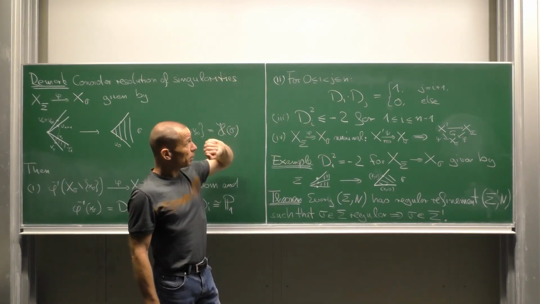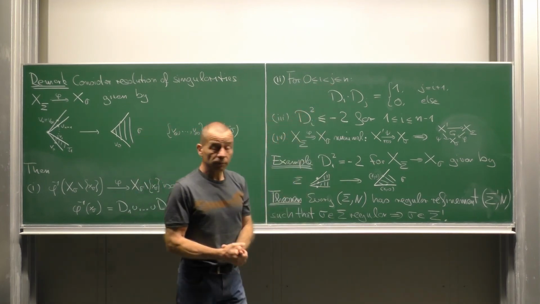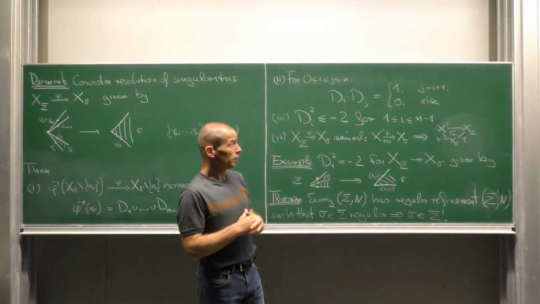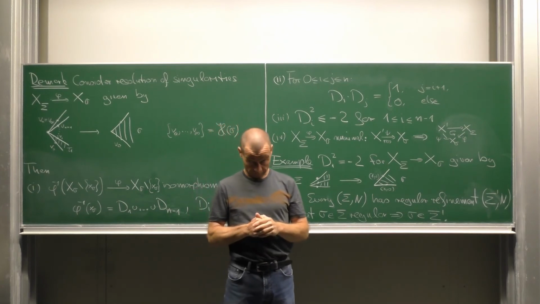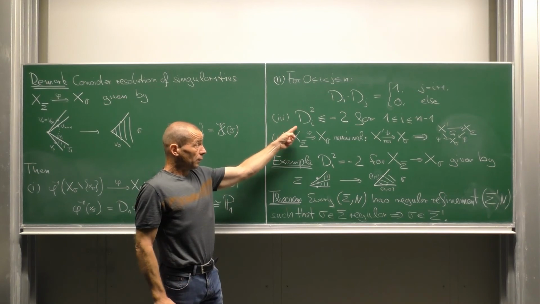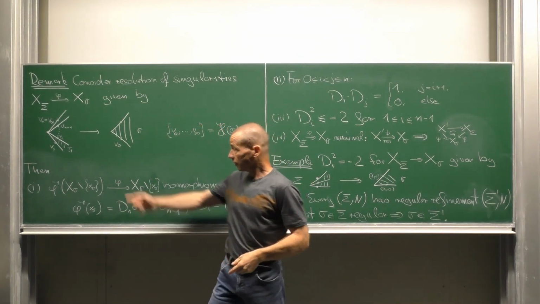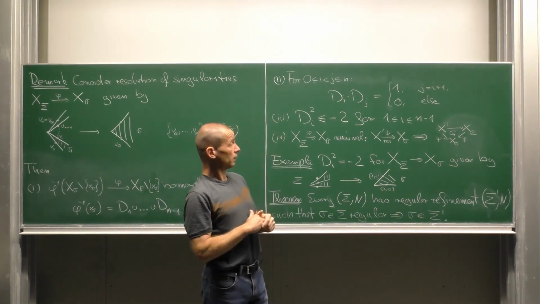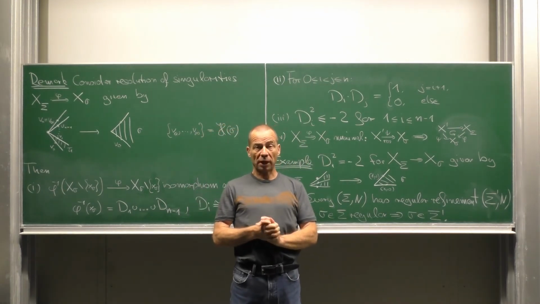About the intersection numbers, for i less than j, Di dot Dj equals 1 if j equals i plus 1 and 0 else. The self-intersection numbers of all the divisors corresponding to the rays inside σ are all less or equal to minus 2.